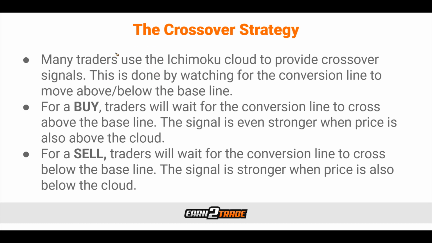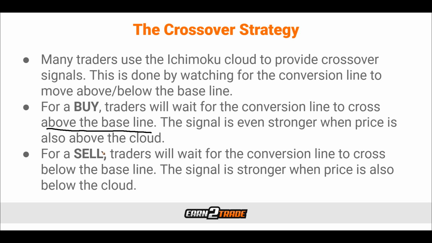So many traders use the Ichimoku cloud to provide these crossover signals, and this is done by watching for the conversion line to move above or below the baseline. So we're watching for the cross between the conversion line and the baseline, okay? For a buy, traders will wait for the conversion line to cross above the baseline.